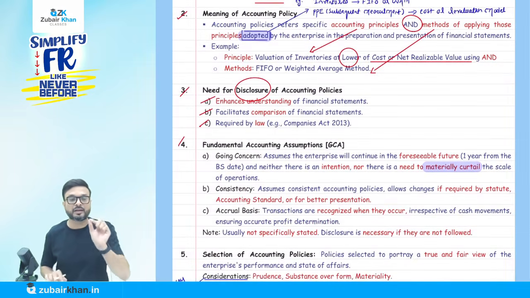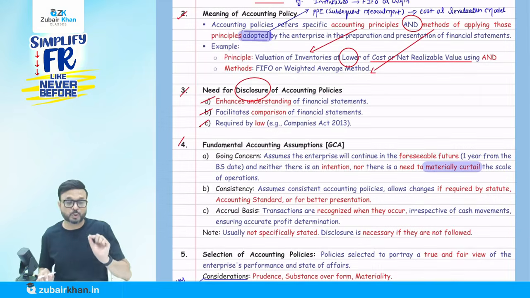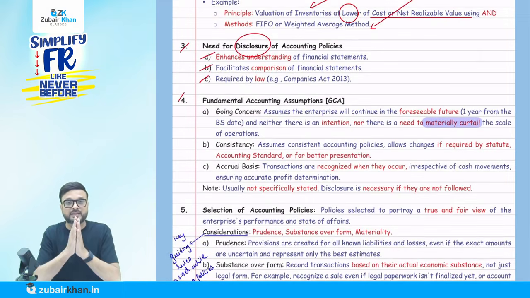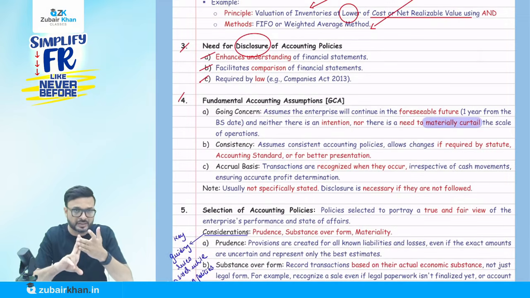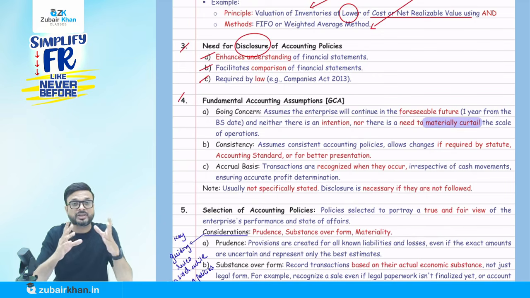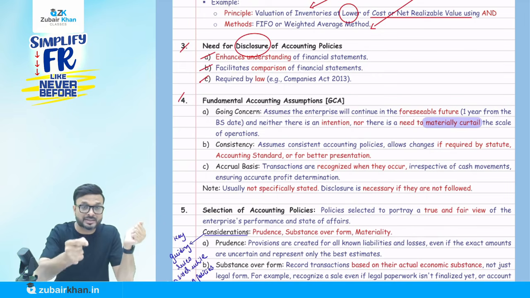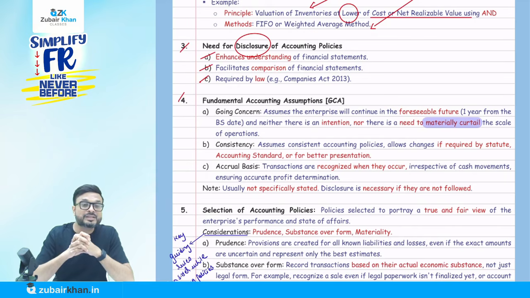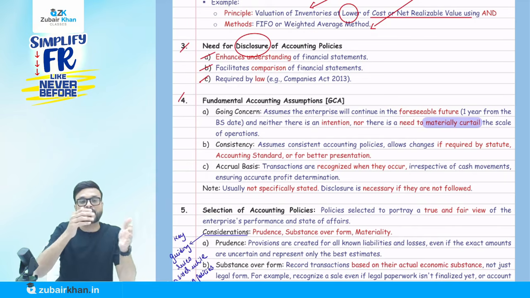Now listen carefully. Certain times questions are asked on these fundamental accounting assumptions. First, they say these three fundamental accounting assumptions, going concern, consistency and accrual, GCA, there is no need to disclose that we are following them.